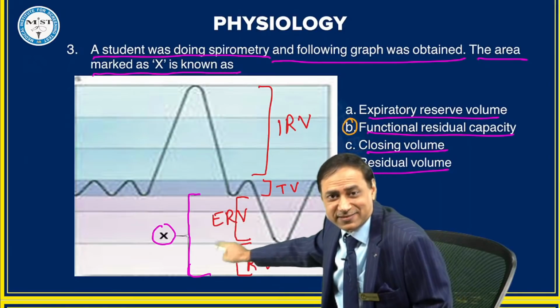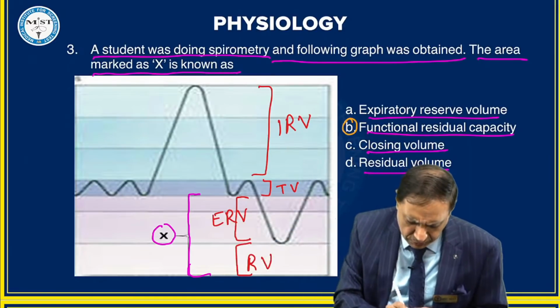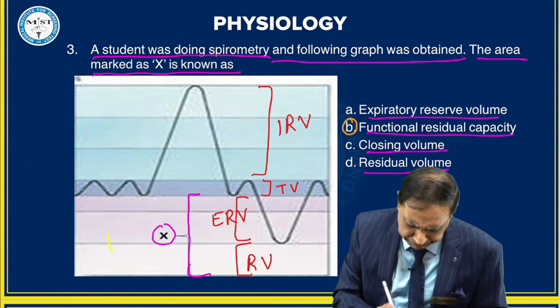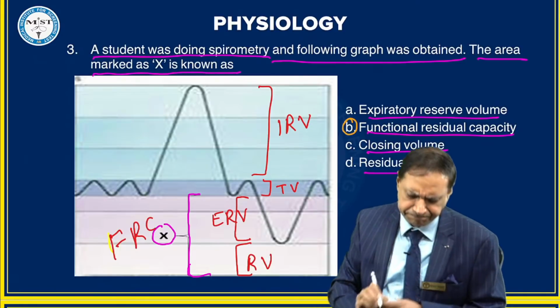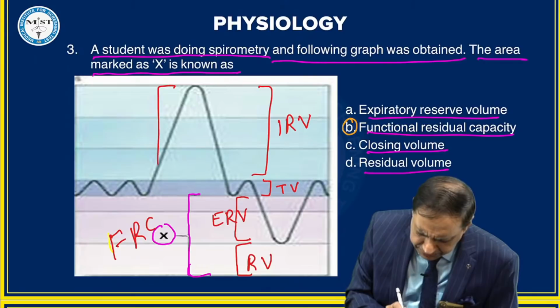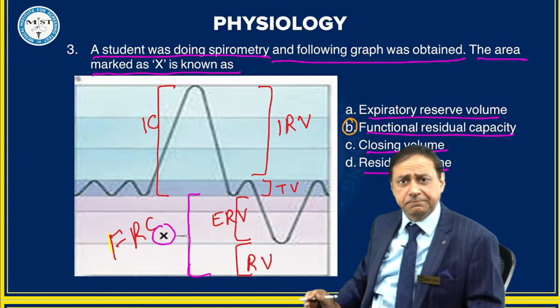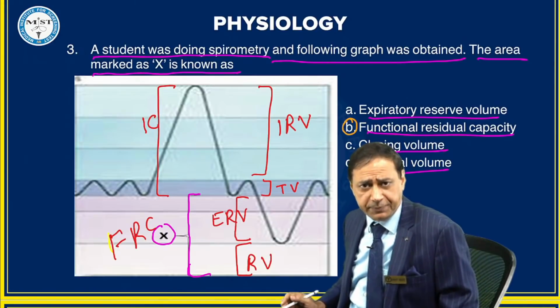And this plus this is functional residual capacity, FRC. And this plus this is inspiratory capacity.